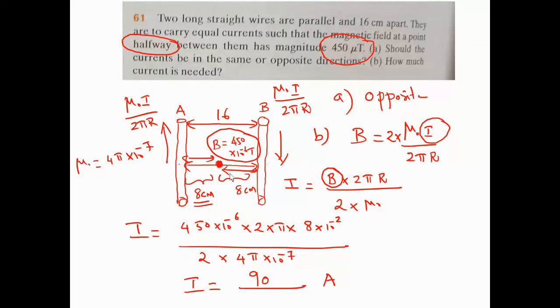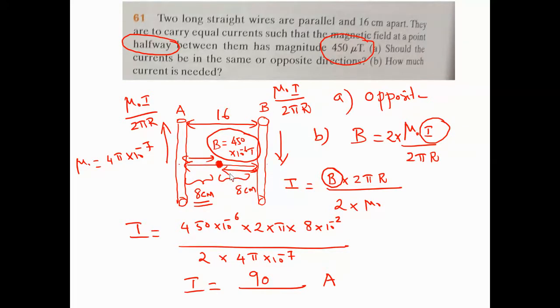My dear, actually, we have to use halfway. If you did not mention halfway, then it's meaningless. Because when the wires have a force of repulsion, only at the exact center between the two wires, exactly at half of the distance, will you get the magnetic field.